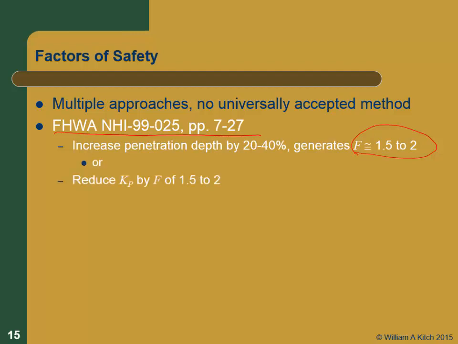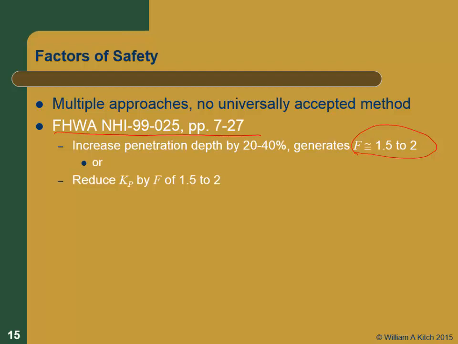The other method is to reduce KP by a factor of 1.5 to 2, and then just use your K active. So before you start your calculations, take KP and reduce it by a factor of safety of 1.5 to 2, and then do your calculations and get your D. These two methods should give you comparable answers.